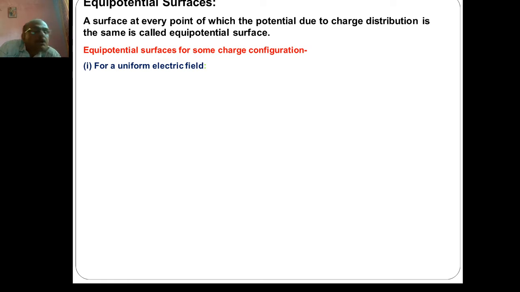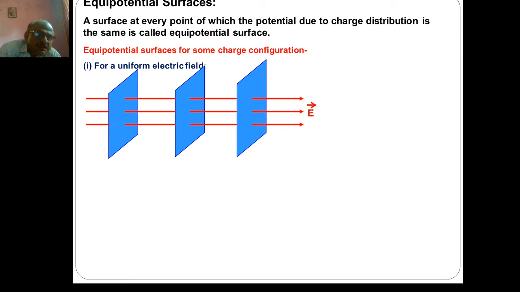First, for a uniform field, meaning the charge is very far away, the field lines are parallel. So this surface is of equal potential, this surface is of equal potential, and this surface too. Let the potentials be V1, V2 and V3.